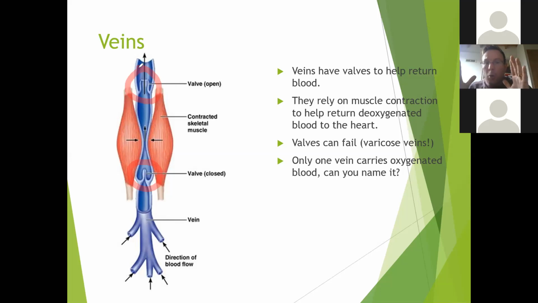Now, veins go through the middle of muscles. When muscles contract, they squeeze. So they squeeze a bit like, imagine if you just got a tube of toothpaste and the cap was on. If you squeezed it, it's not going to go anywhere. If you took the cap off and squeezed it, it shoots up.